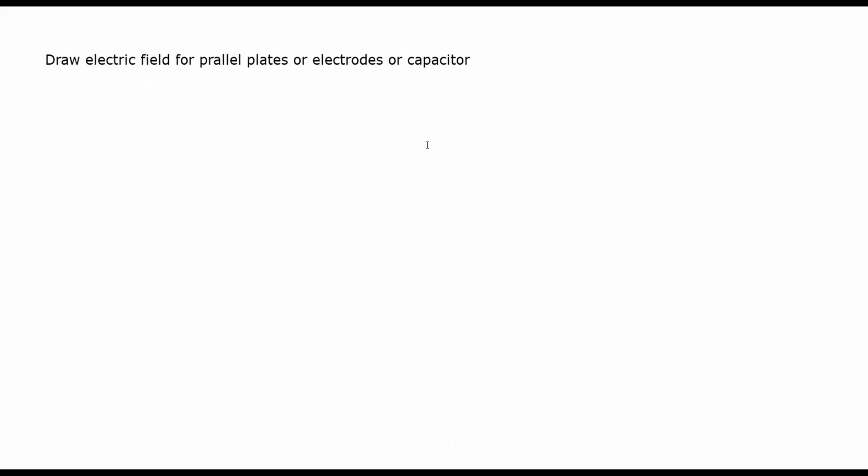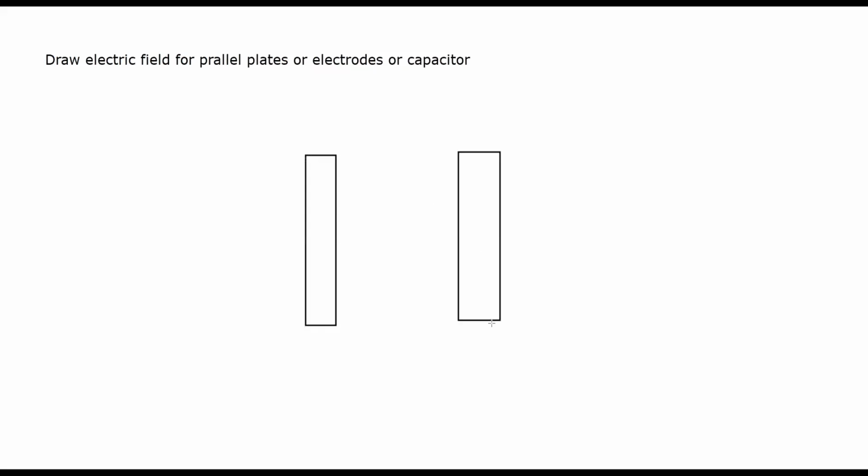So for parallel plates, electrodes, or a capacitor, how do we draw the electric field? For example, you have two plates connected to a cell. How do you identify the terminals? The big line of a cell represents the positive terminal and the small line represents the negative terminal. So this will be positive.